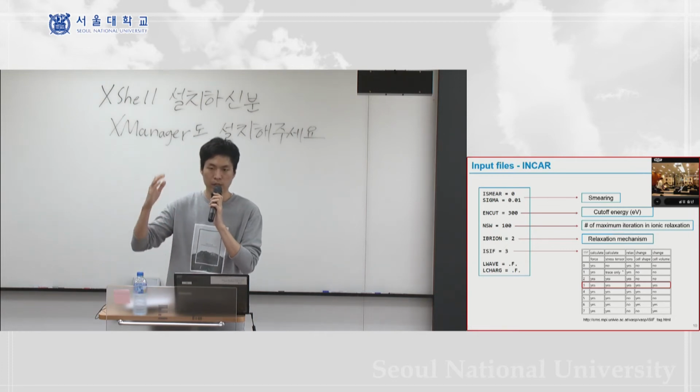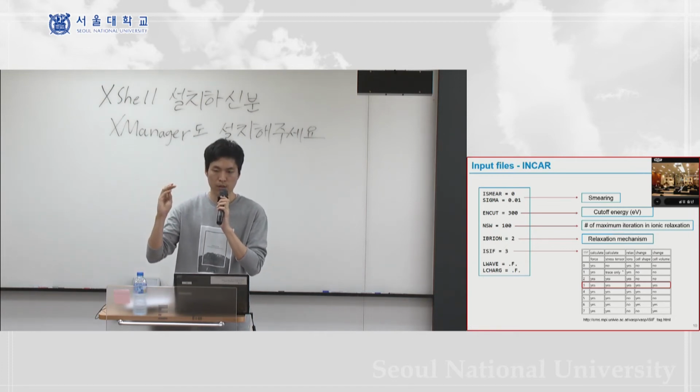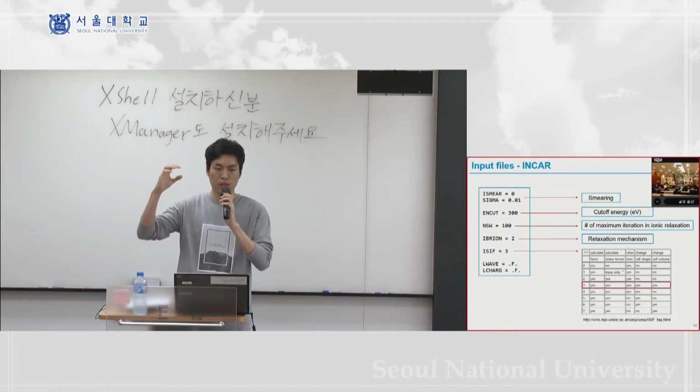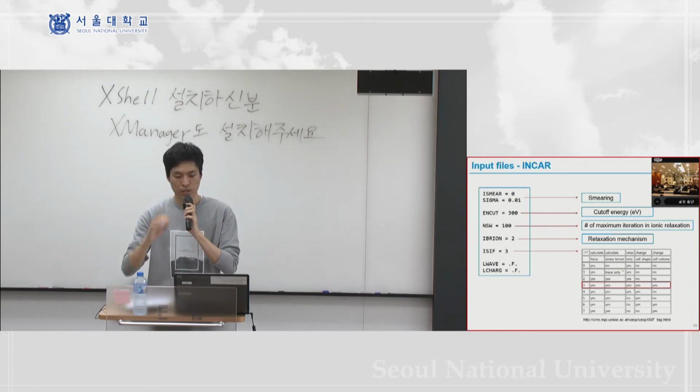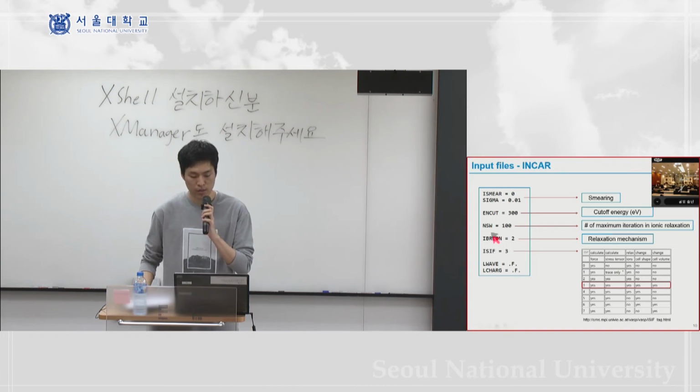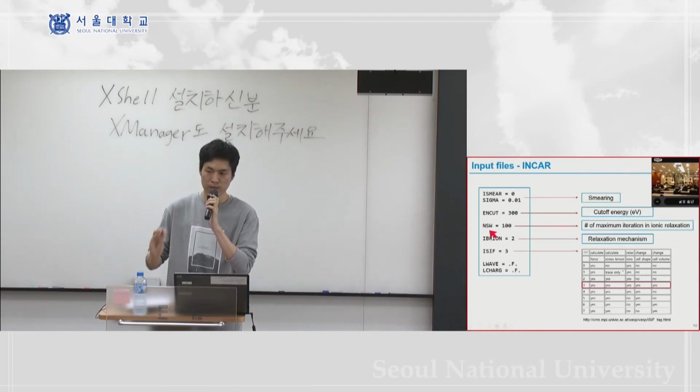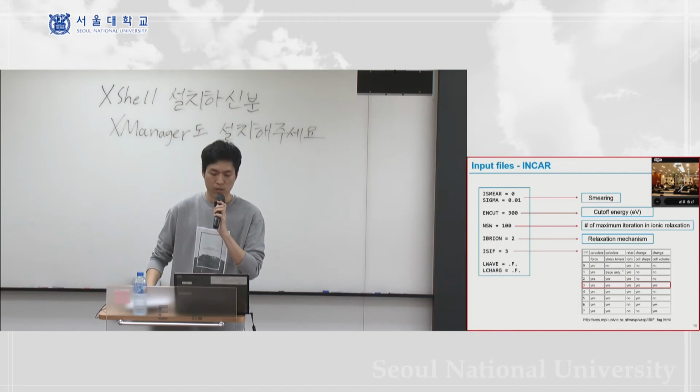So if we are doing relaxation where the ionic positions are changing, then we can specify the maximum number of iterations of ionic relaxation. Or in a molecular dynamics simulation, this is the number of steps we are calculating.